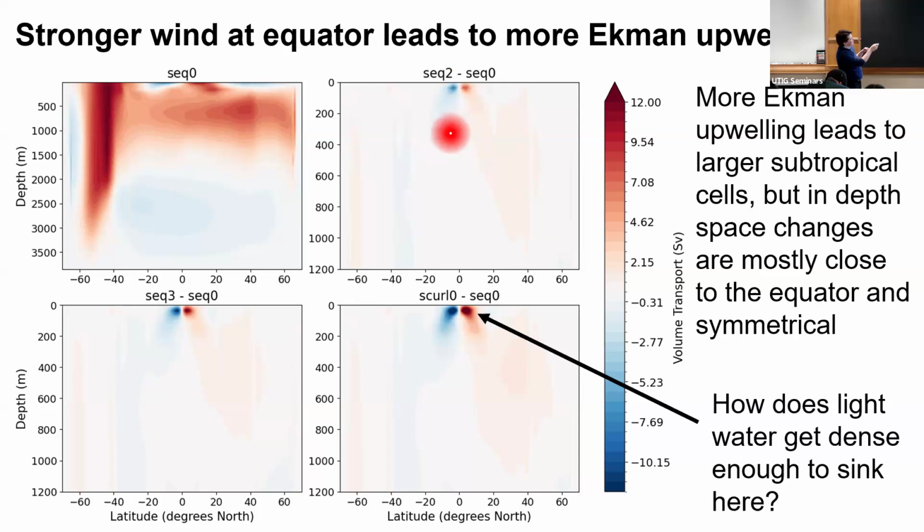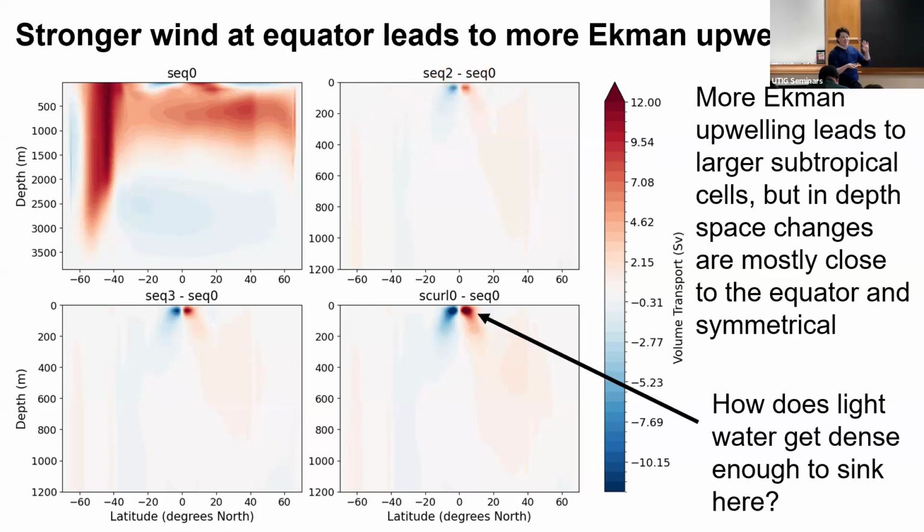So when we change the winds at the equator, right, we have more upwelling close to the equator, more divergent flow away from the equator at the surface. And so we get this strengthening of these little cells, the subtropical cells close to the equator. And so that is great, but it's also very concentrated very close to the equator.